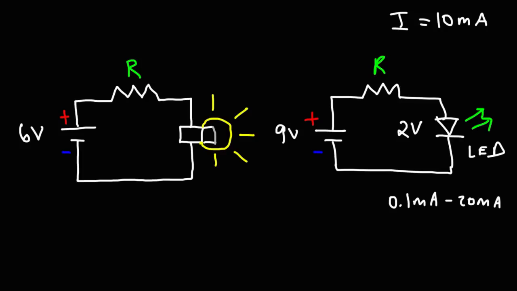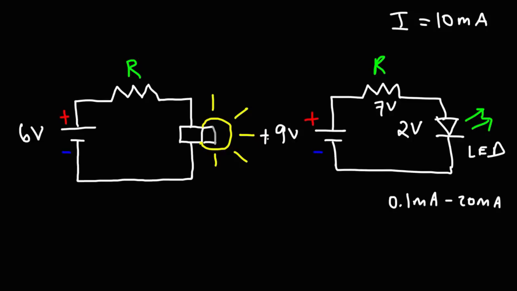Well, for one thing, we need to determine the voltage across the resistor. The LED will use up 2 volts out of the 9 volts that the battery is providing to the circuit. So the resistor is going to take up the other 7 volts. And this is the basic idea behind Kirchhoff's voltage law. The sum of the voltage drops in a closed loop or in a closed circuit must add up to 0.